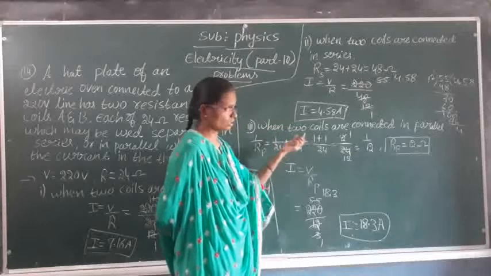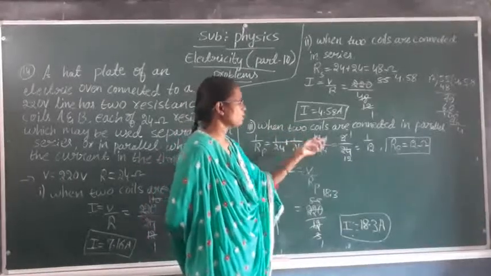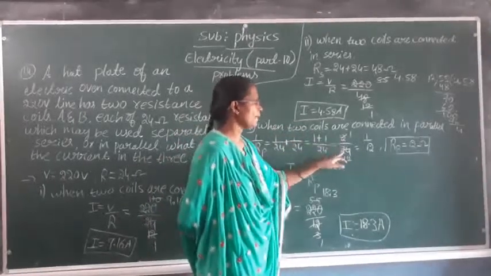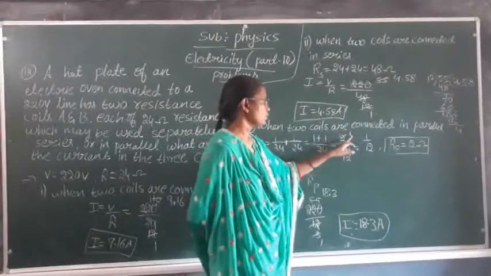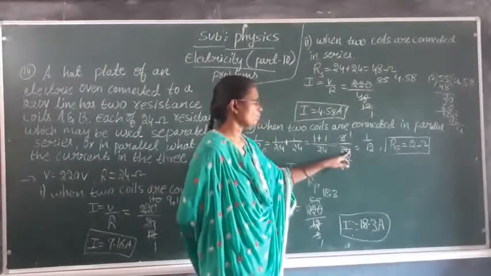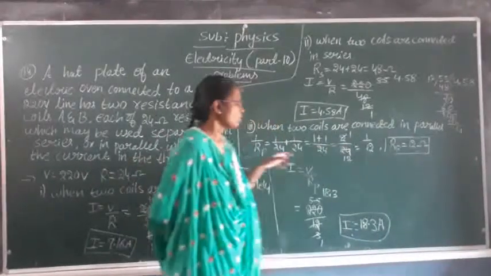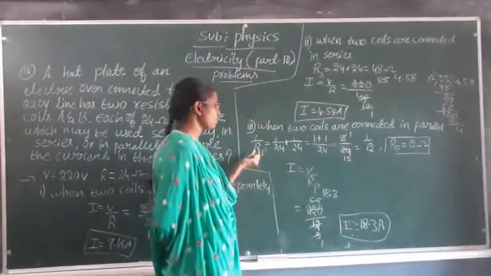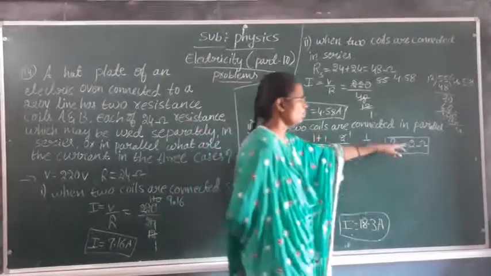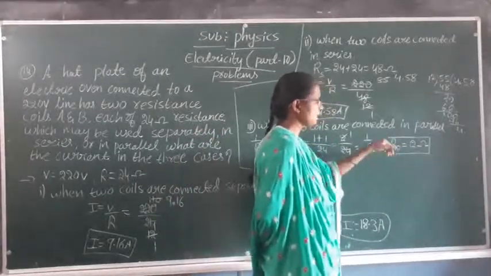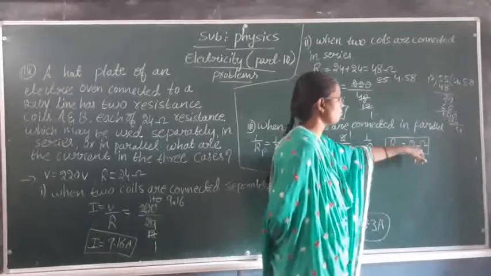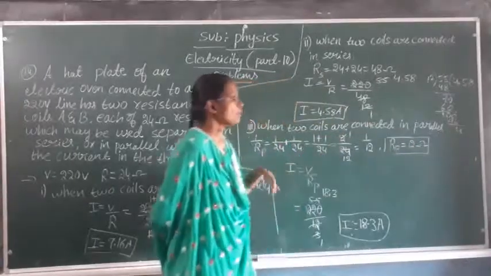What is the number in the numerator? 1 plus 1 is 2, 2 divided by 24. 2 1s are 2, 2 2s are 4. So 1 by Rp is equal to 1 by 12. So Rp is equal to 12 ohm. So the resultant resistance value Rp is equal to 12 ohm when it is connected in parallel.